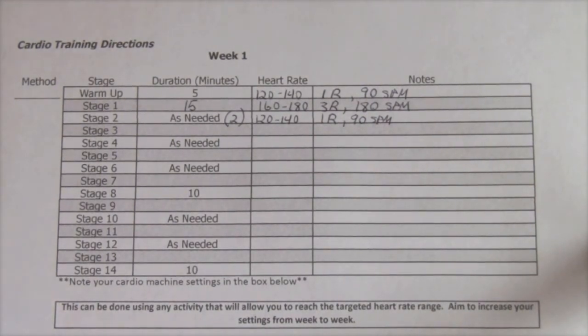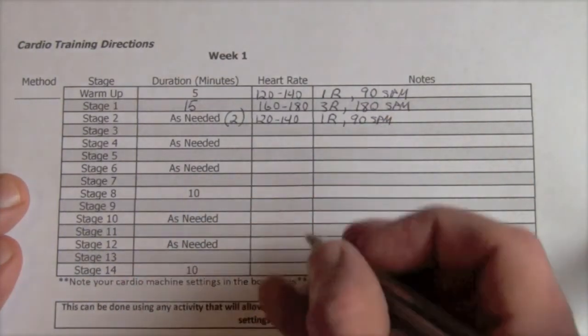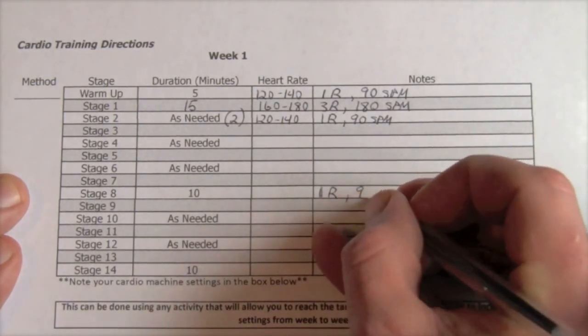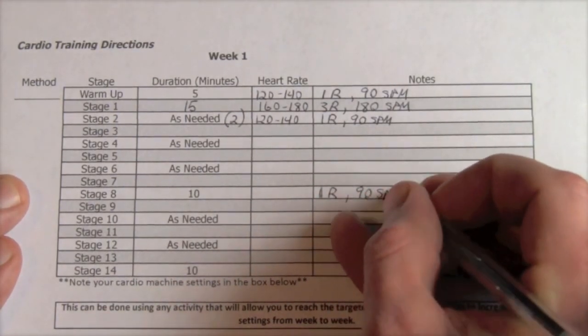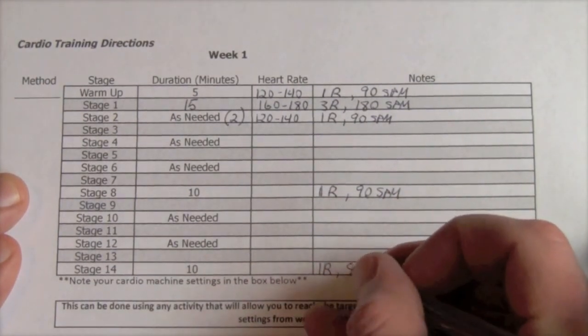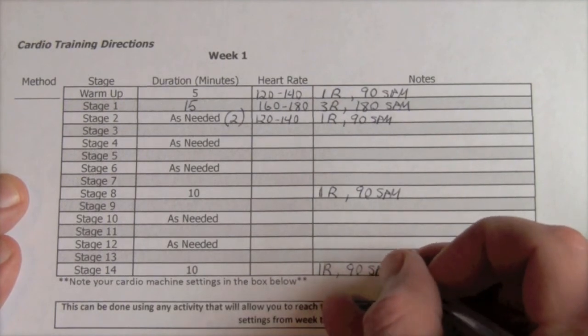Now, as they go through their workout, they're going to target the same settings. They're going to run it all the way down. During this 10-minute break period, after interval number 4, they're going to use those same settings, 1 resistance, 90 speed, and they're going to use that down here too.